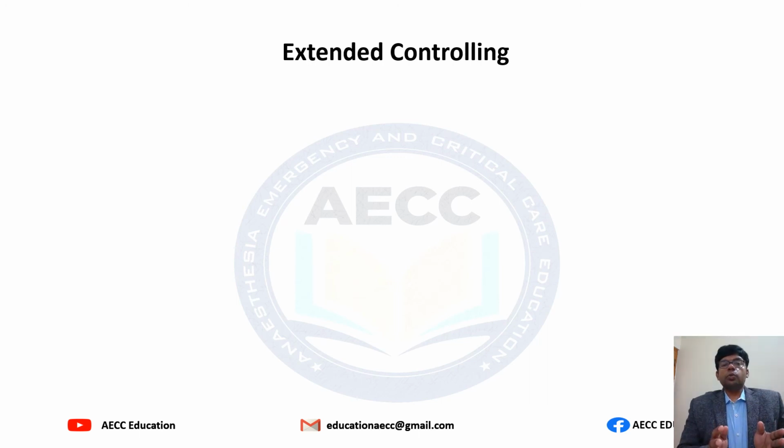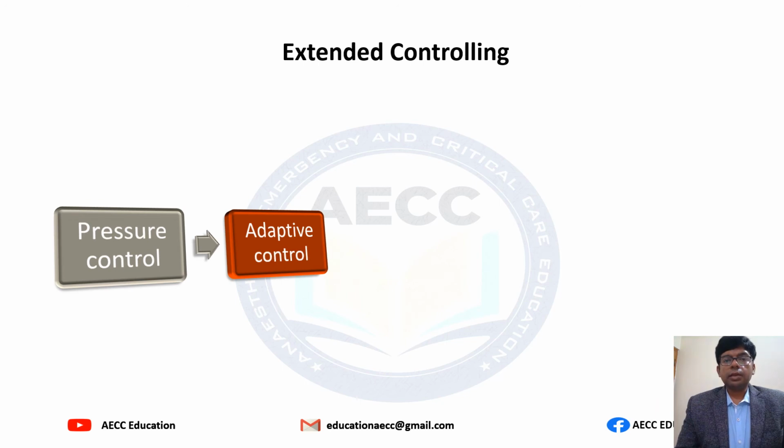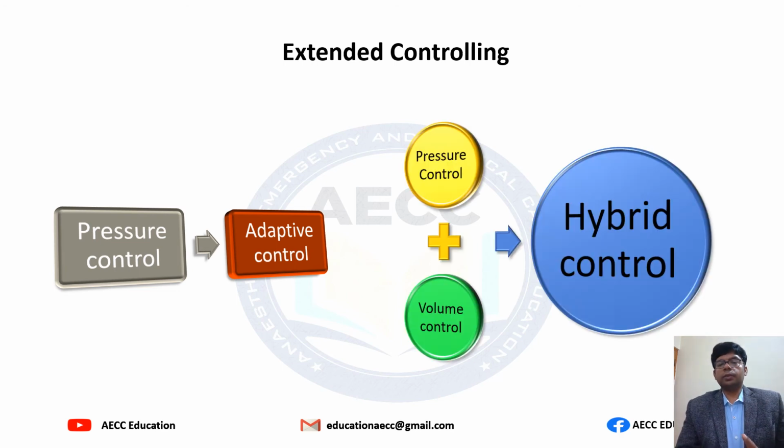There are two types of extended controlling modes also available. Extended controlling, like adaptive controlling, is a variant of the pressure control mode, and another one is the hybrid control. Hybrid control has both volume control as well as pressure control.